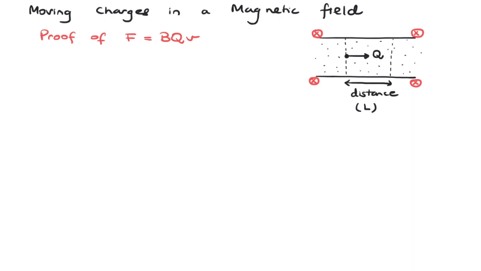Let's talk about moving charges in a magnetic field. Over here I've got a magnetic field which is into the plane of paper, and let's take one charge which is moving from left to right. According to Fleming's left-hand rule, if the charge is moving from left to right and the magnetic field is acting into the plane of paper, then the force experienced by this charge will be upwards.